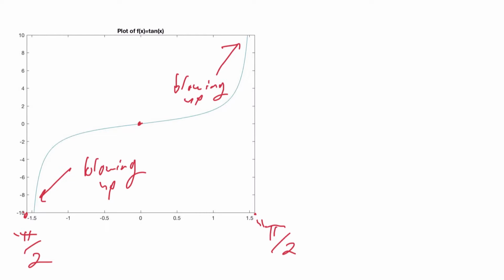Okay, so this is a very important sketch to have in your mind's eye, that unlike sine and cosine, which always stay bounded and just keep oscillating back and forth, tangent has blow up. It has asymptotes. So this affects the domain and range.